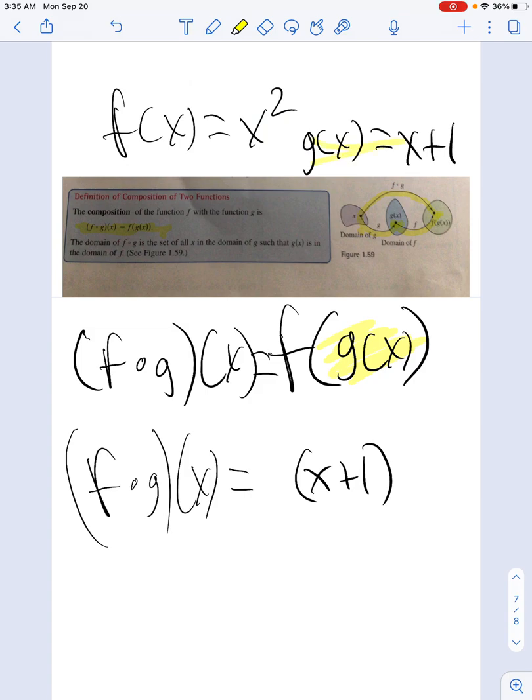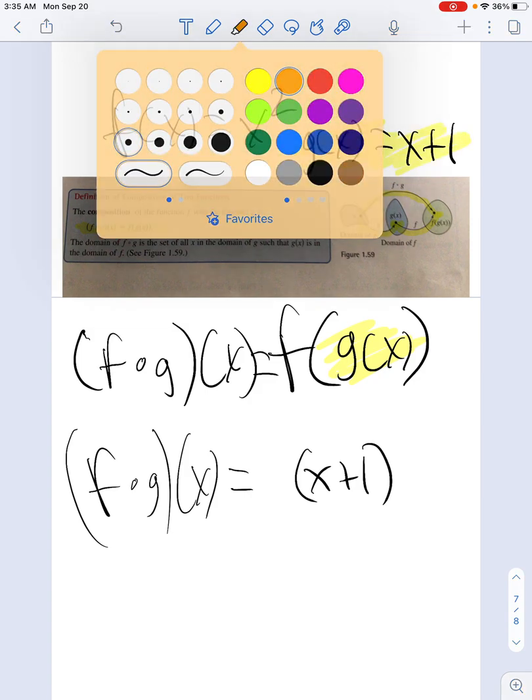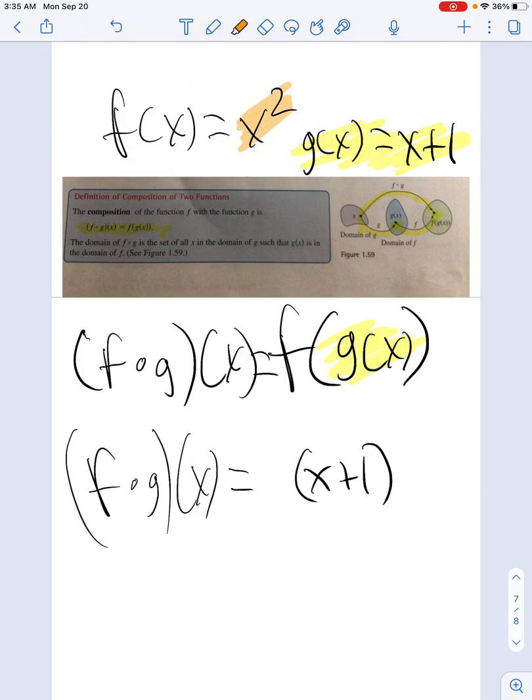And then f of x, so let's highlight that. That's how we got that right here. My f of x is x squared. So I'm going to take everything that was inside g of x and plug it in where x is, so I'm going to end up squaring this.